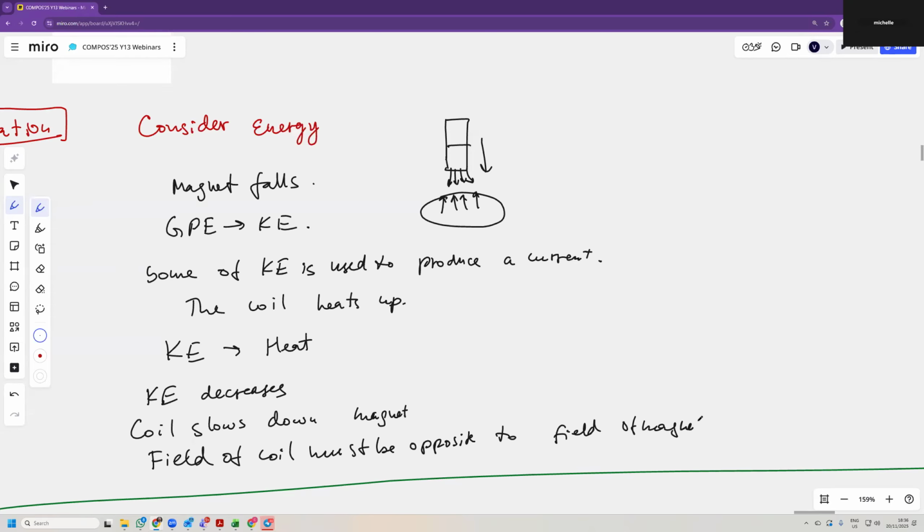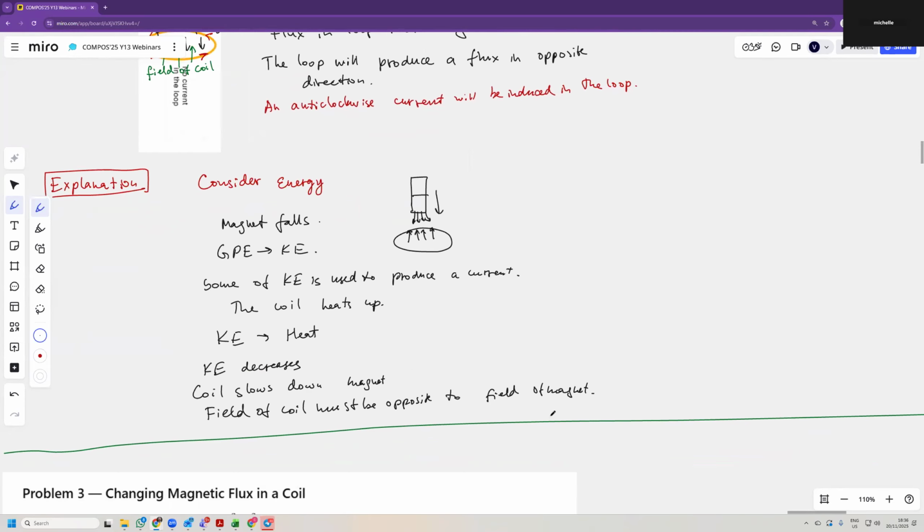Because alternatively, if the field was downwards, the coil would accelerate the magnet, which doesn't make sense because it contradicts the conservation of energy. The induced current would use up kinetic energy to increase the kinetic energy of the magnet, which doesn't make sense. Do you think you understand?